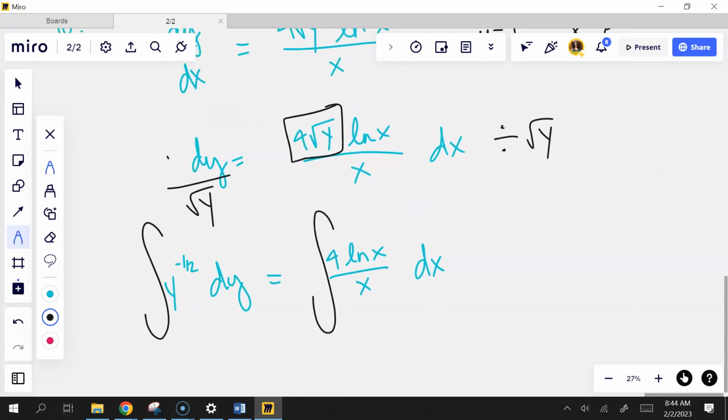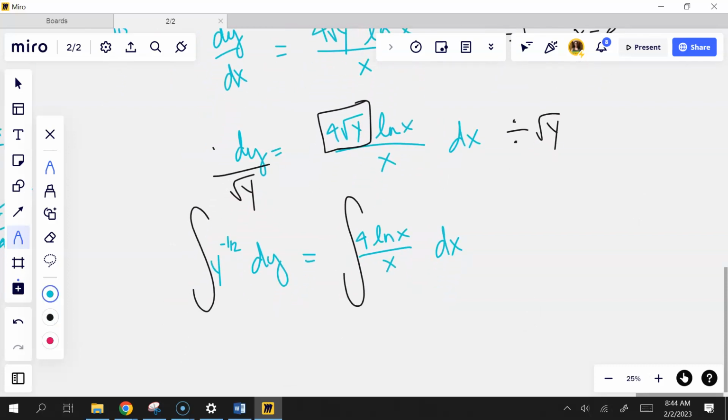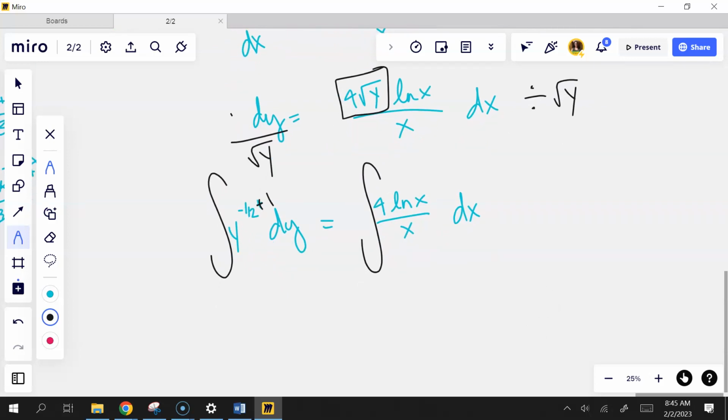All right, antiderivative of y to the negative 1/2. All right, let's add 1. That would be positive 1/2. So I'm going to flip it and put it in front. So I get 2 y to the 1/2. Is that what you said?